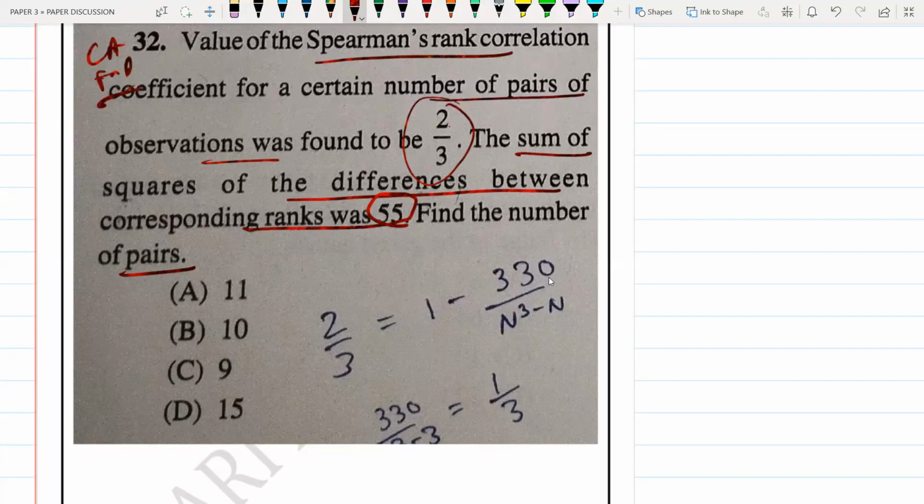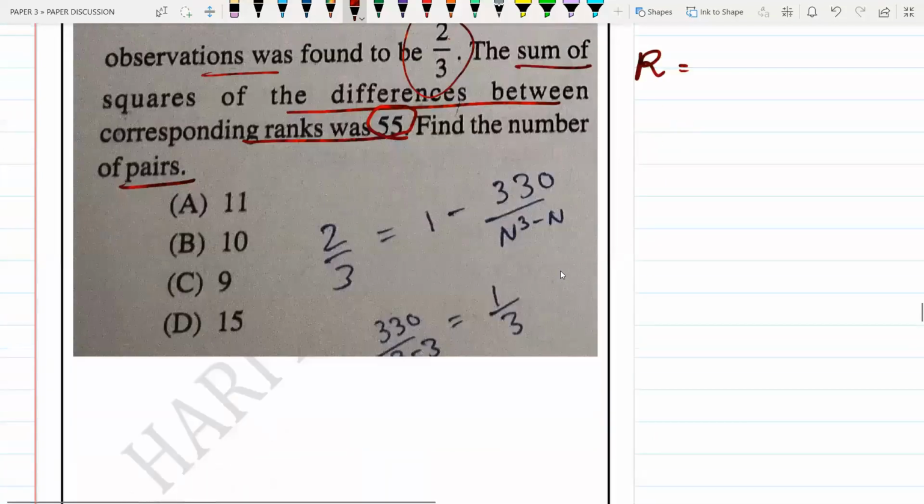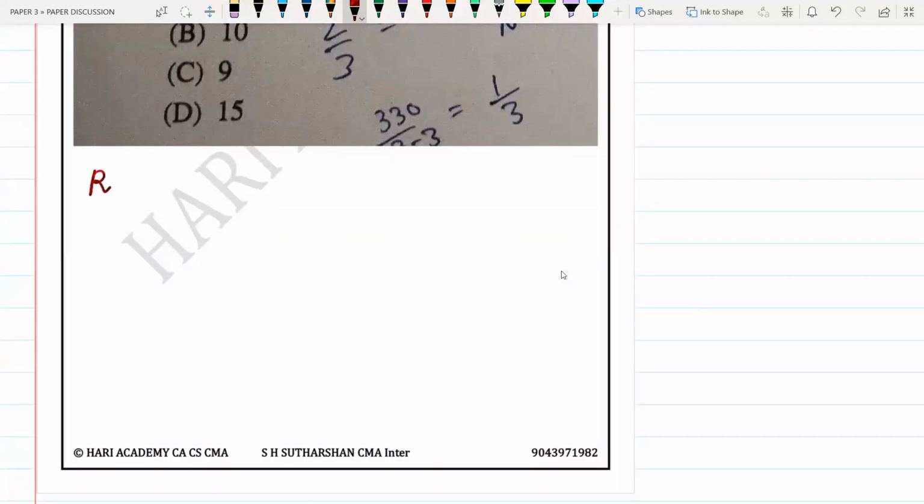There will be a lengthier method to find this, but I will give you one more. What is the rank correlation formula? It is 1 minus 6 into summation d square divided by n into n square minus 1. Now, the R value they have given is 2 by 3.